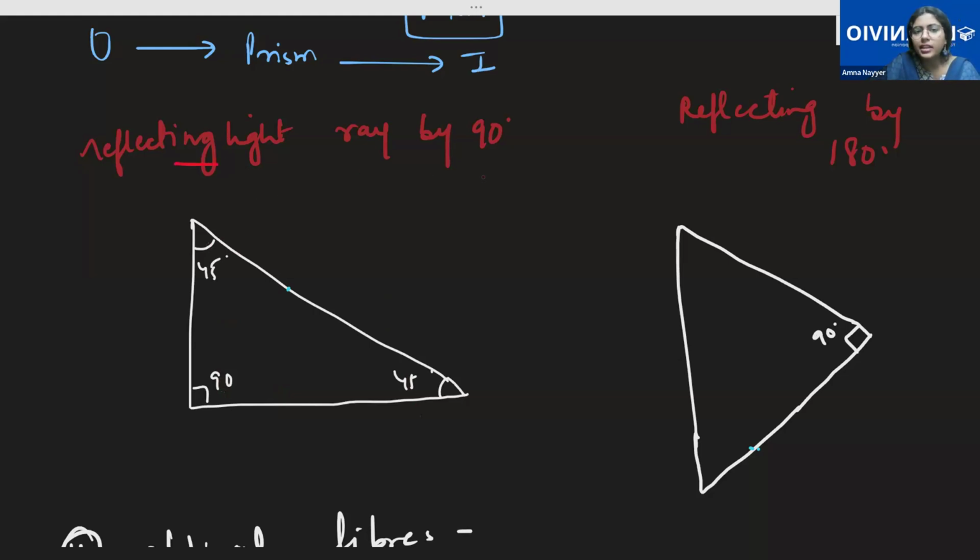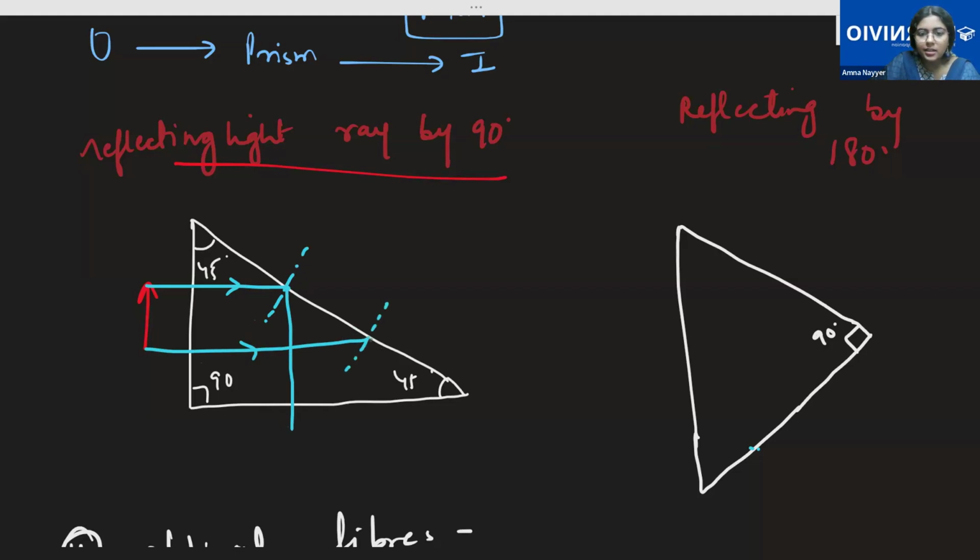Now, if you have to reflect the light ray by 90 degrees, put the prism first in this manner, so that one of the faces is here and the hypotenuse is on the opposite side, and you put the object here. Let's say this is our object. Now let's see the light rays. The first ray of light will come here. The second ray of light will come here. Then what will happen here? TIR occurs and this gets passed over.